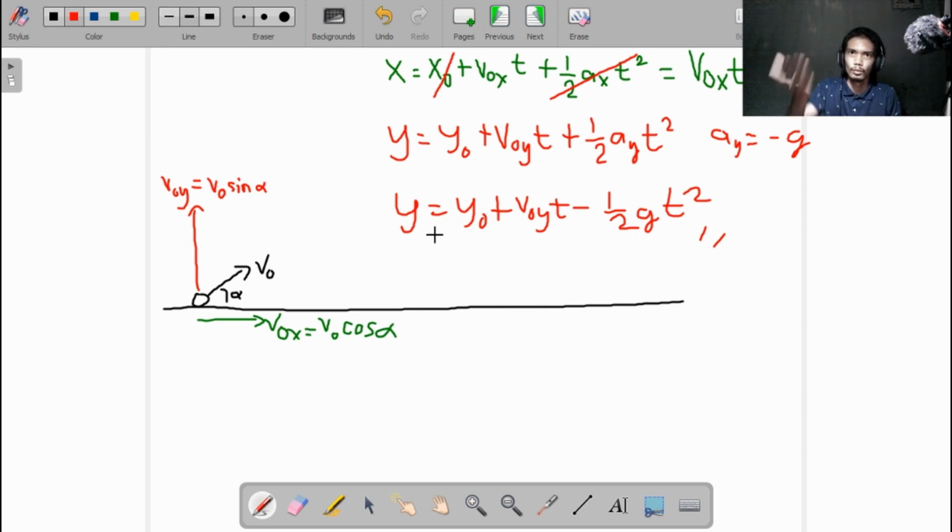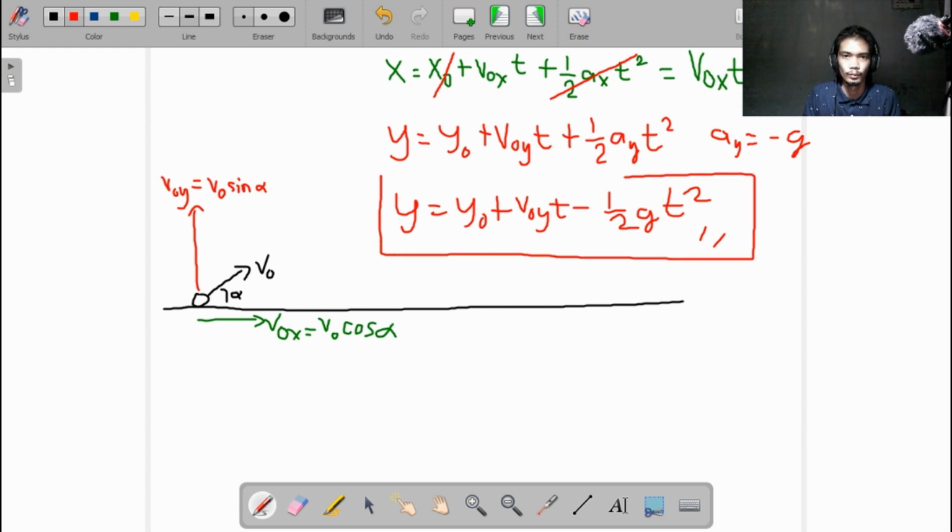Now the next thing that we need to do is to determine when it is going to reach its maximum height, or rather when we will know it will hit the ground, our ball. So let's take first the maximum height, so it's easier to find out.